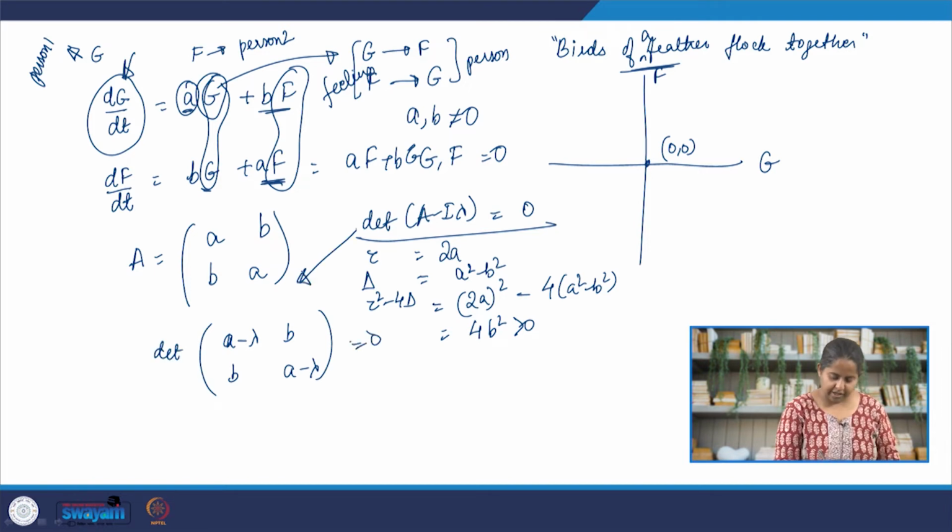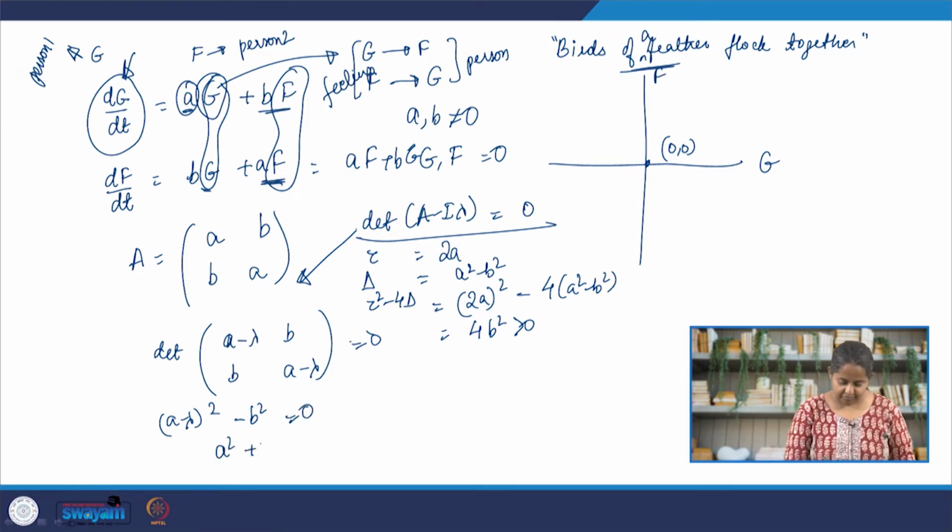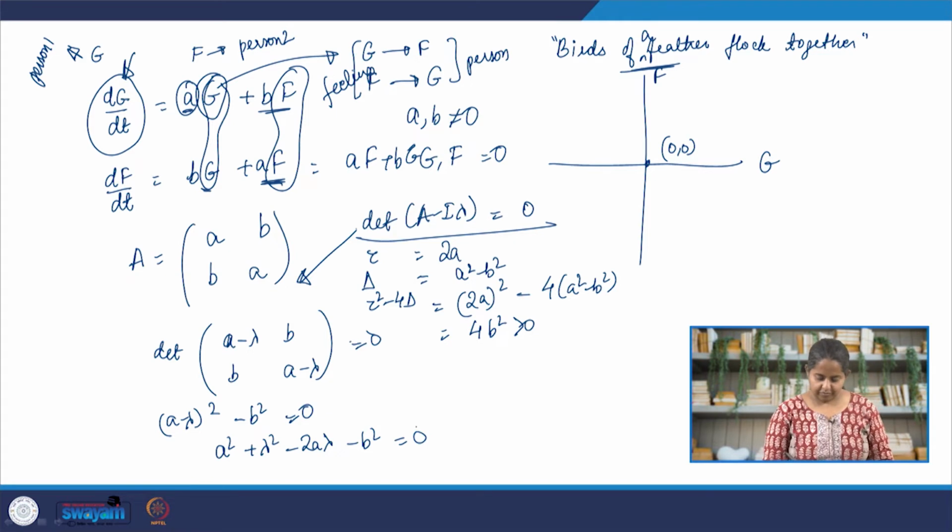So this is the characteristic equation, and we end up with this. You can solve this equation and find out what your eigenvalue is.